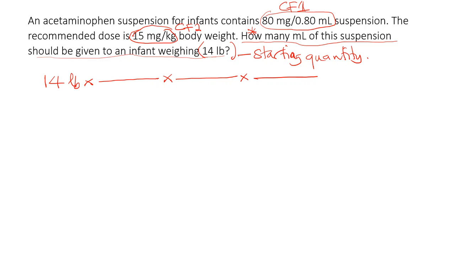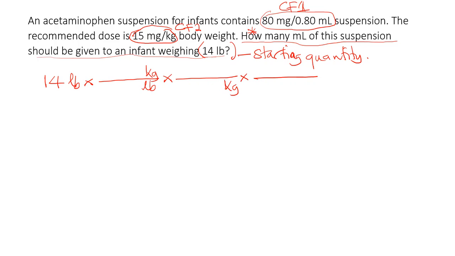So here I'm starting with pounds. I'll go with a pound here, but I'm converting the pound to kilogram. But kilogram should go with kilogram. The aim is to cancel the units.